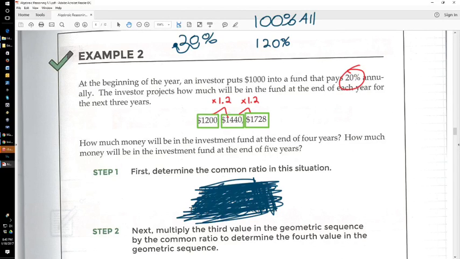All right? Step 2 in this case, this 1440 is all of that plus 20%. So the 100% takes all of the 1200, and the 20 adds the 20%.